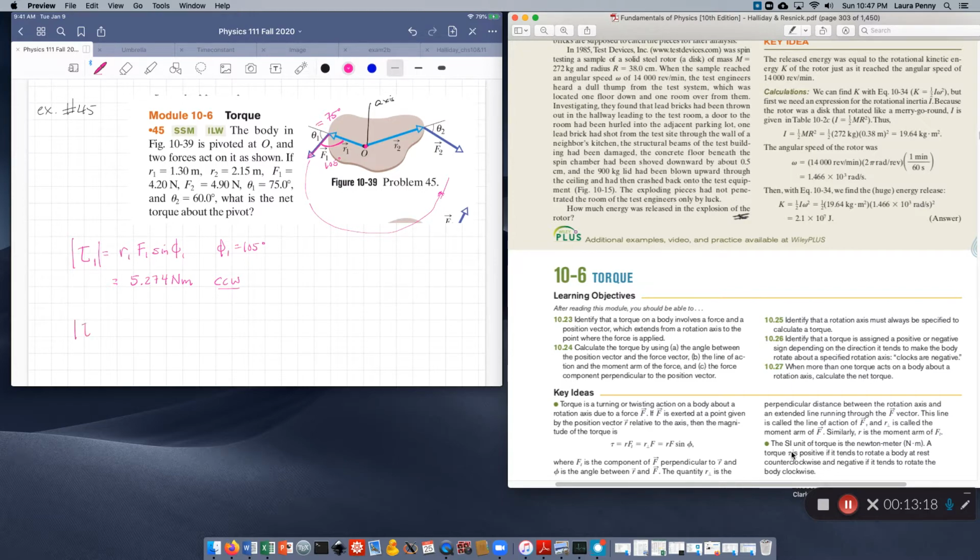I'm going to do the same thing for torque 2. I'm going to say R2, F2, sine of phi 2. Again, they've told me that theta 2 is 60 degrees. That means that this phi 2 is 120 degrees.